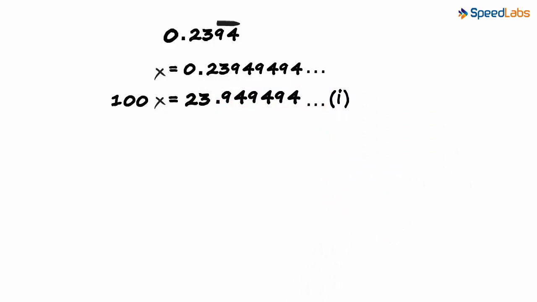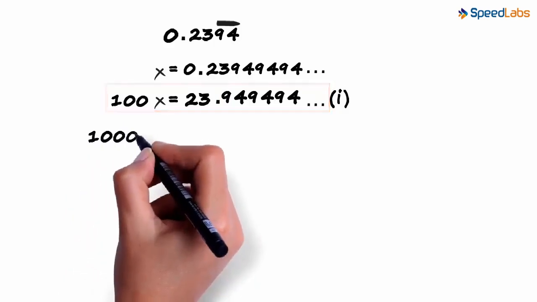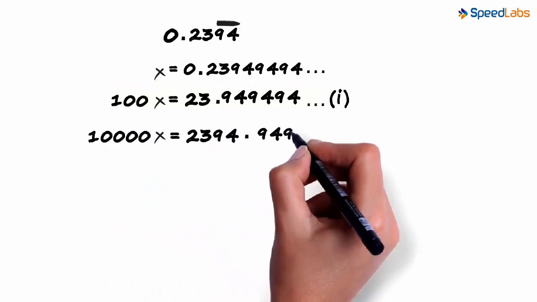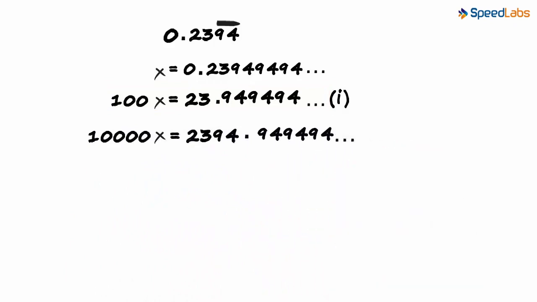Here's the interesting part. How do we get another equation with the recurring part on the right side of the decimal? Yes, we multiply this equation by 100. So 10,000x will equal 2394.949494 and so on. Let this be our second equation.